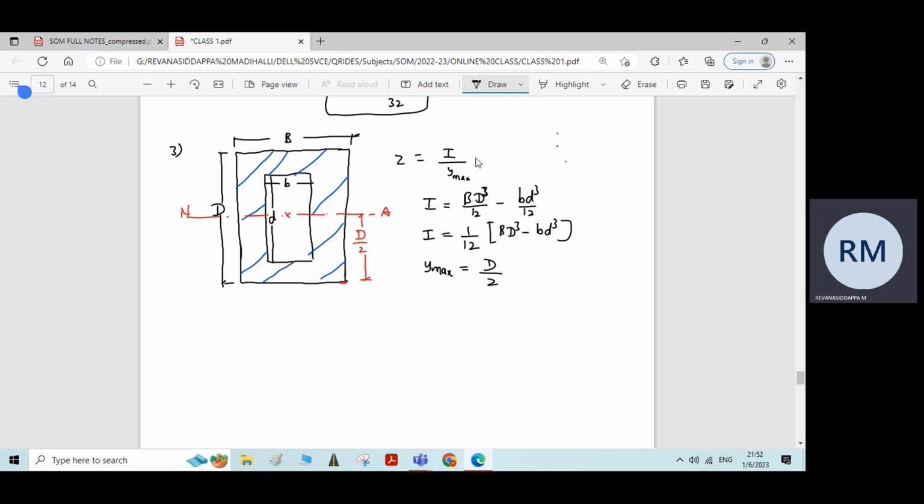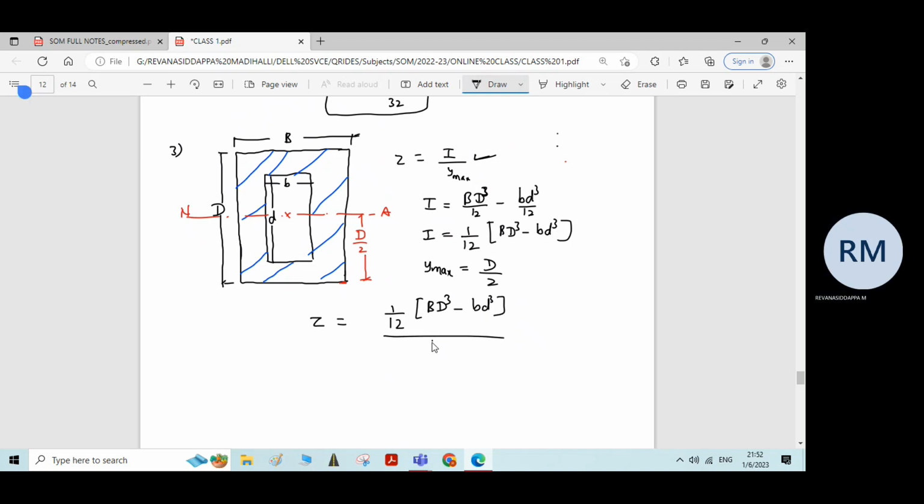Substituting in the section modulus formula, we get Z is equal to 1 by 12 into (BD cube minus small b small d cube) whole divided by D by 2.